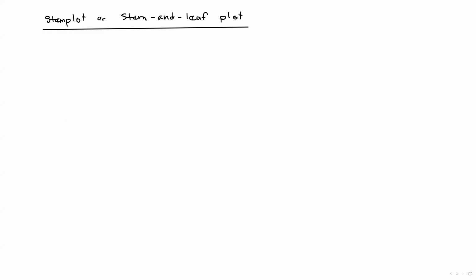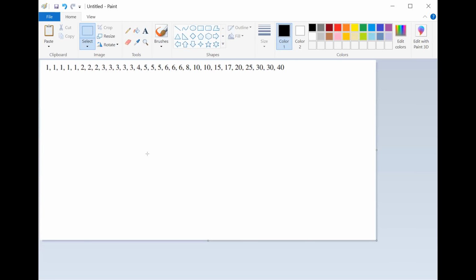So suppose we had some data. All right, here's the data set. Suppose we wanted to construct a stem and leaf plot. The way a stem and leaf plot works is you have a tens place and a ones place.